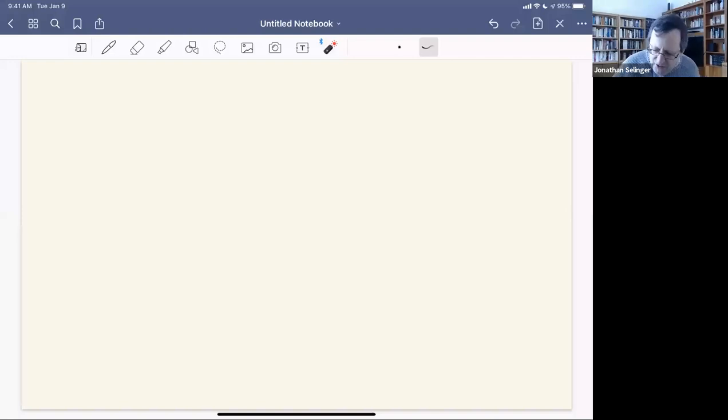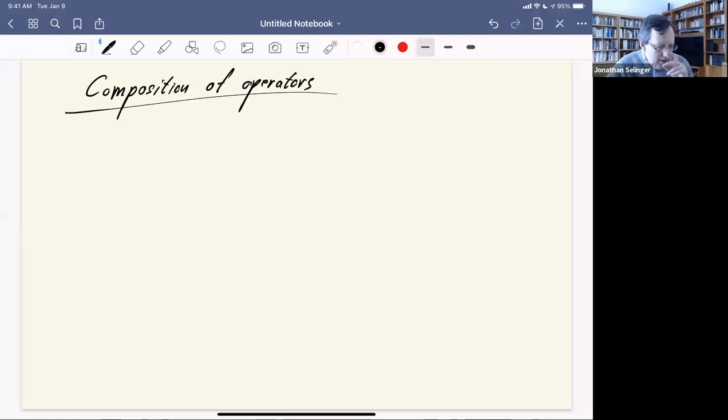Now, let's talk about how to combine operators, which is called composition of operators. That means a function goes into one operator, and then the output of that goes into another operator and you get a final result.